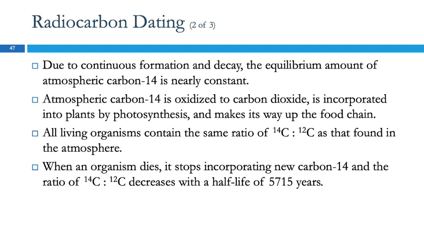You have carbon-14 in your body right now. Every living thing has carbon-14 in it. All living organisms are going to have approximately the same ratio of carbon-14 to carbon-12 as is found in the atmosphere right now, and that ratio doesn't change very much at all.